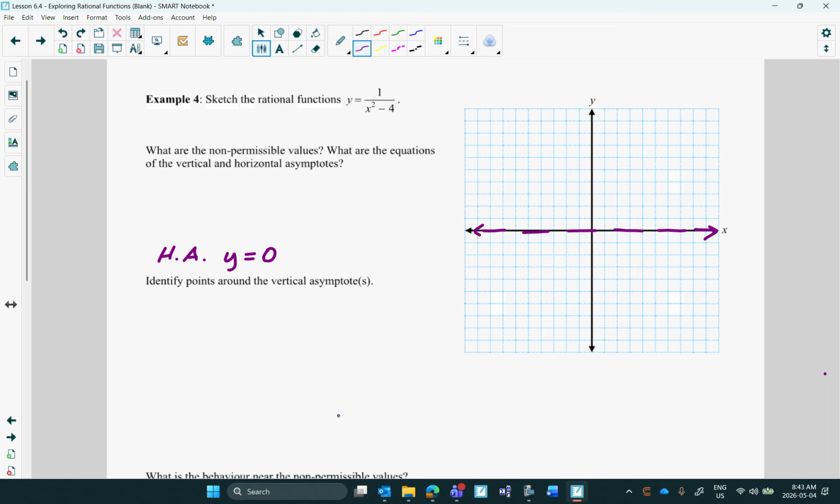Now remember, the vertical asymptotes are the values that would make this undefined, right? Because if this turns out to 0, I get an undefined and I get an asymptote. So I am looking for what values of x will make that denominator equal to 0. I have to solve for that.